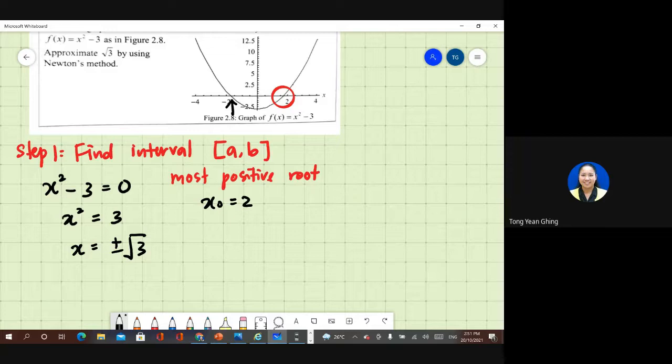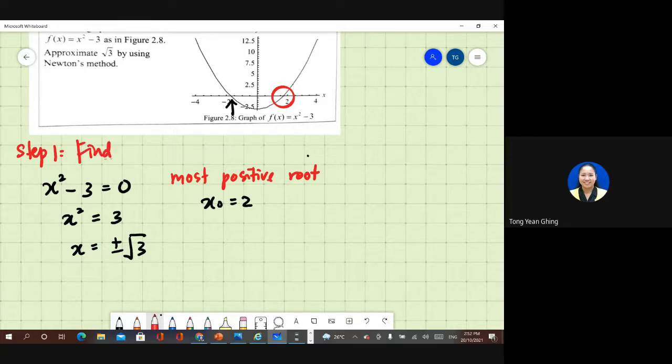So apa beza? What is the difference between bisection and Newton-Raphson? Bisection, before this we need to find A and B. Sorry, sepatutnya we find the value of x0.